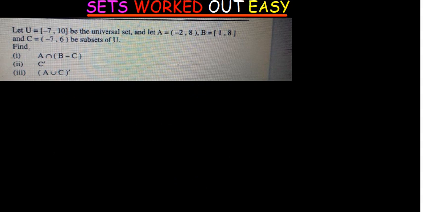And then we want to look at C complement. So just going on our set, the first thing that we should be able to put is the universal set. The universal set is starting from negative 7 up to 10. Okay, and then now we look at the set C. The set C starting from negative 7 up to 6.